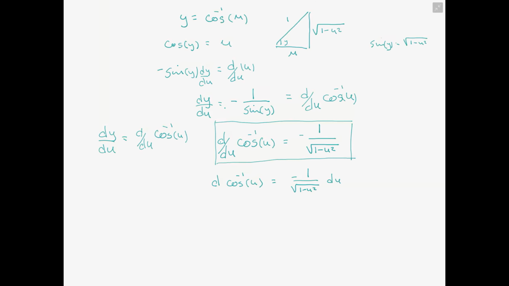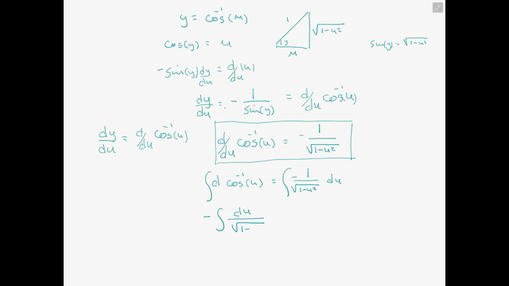But then we have d of arc cosine equals minus 1 over the square root of 1 minus u squared du.